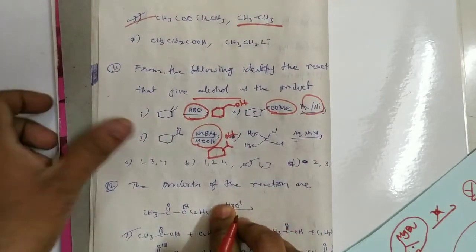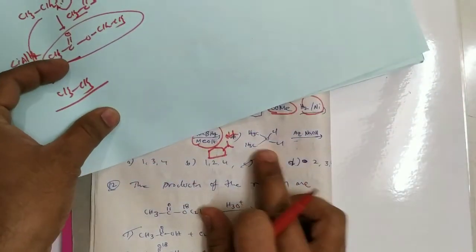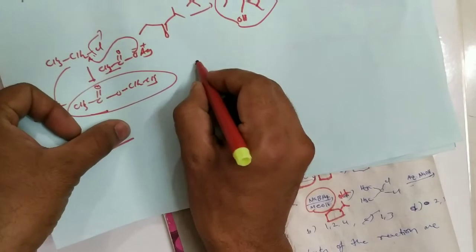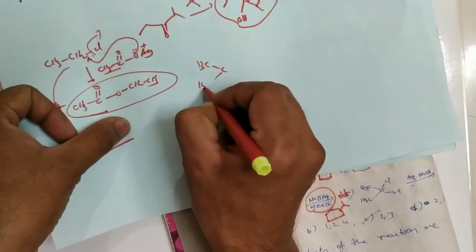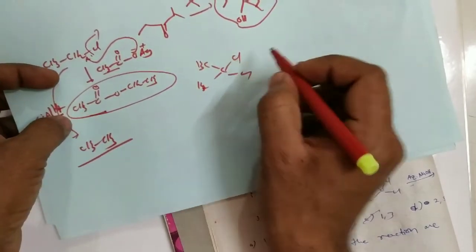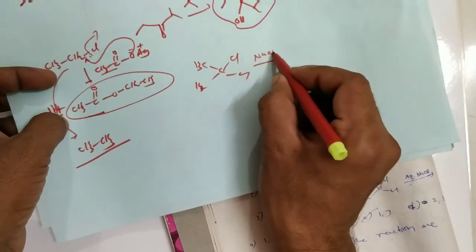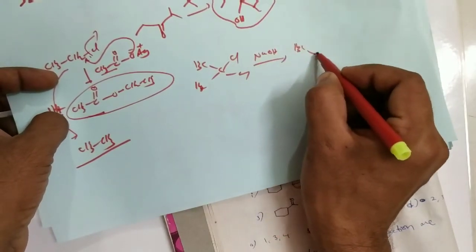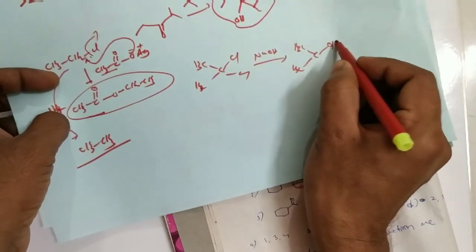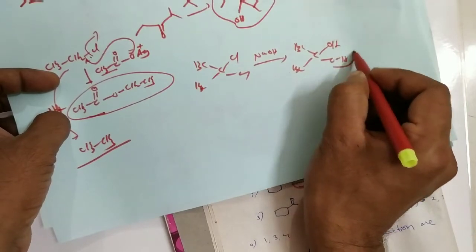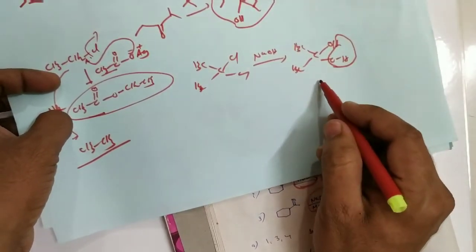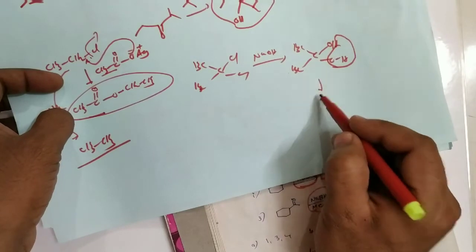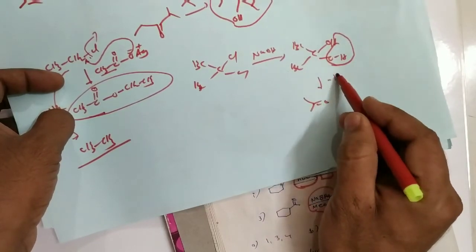And in this case, this is the gem dichloride, CH3 and CH3 with Cl, Cl. On treating with NaOH, we get OH and OH. A loss of water molecule takes place: first nucleophilic substitution and then loss of a water molecule.